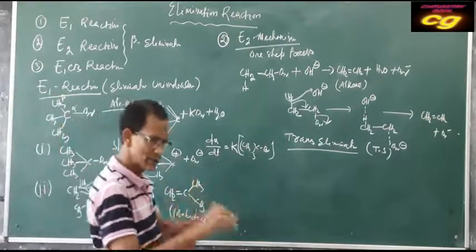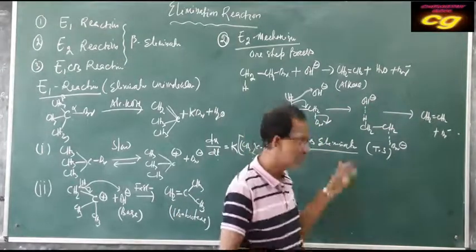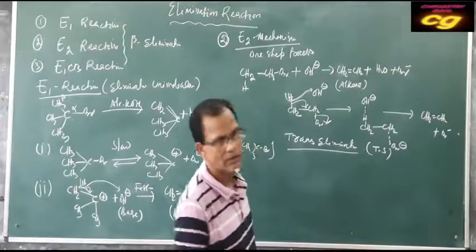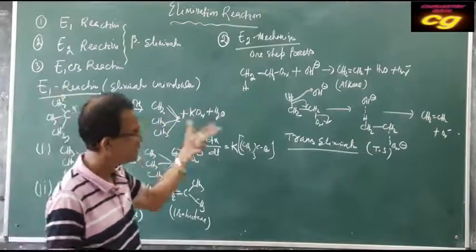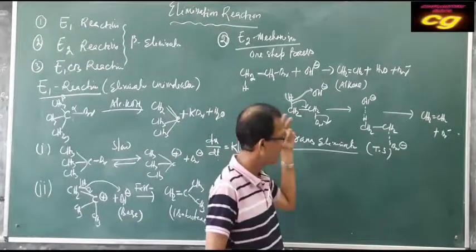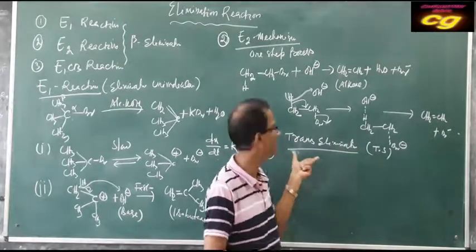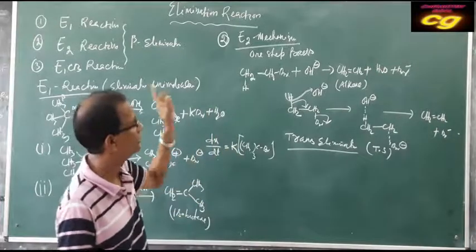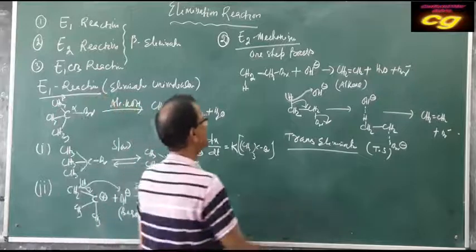If the attack goes to the cis side, the same side, it will be crowded, so there will be repulsion between the leaving group and the nucleophile. To avoid that steric hindrance, the base will attack the proton in the anti position, that is the trans position.